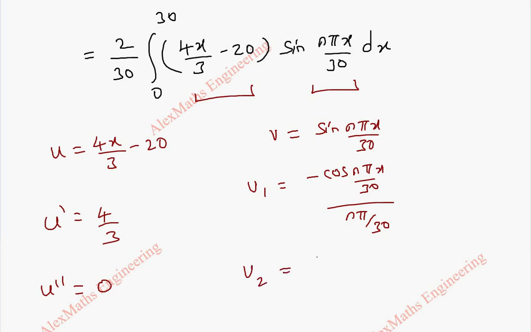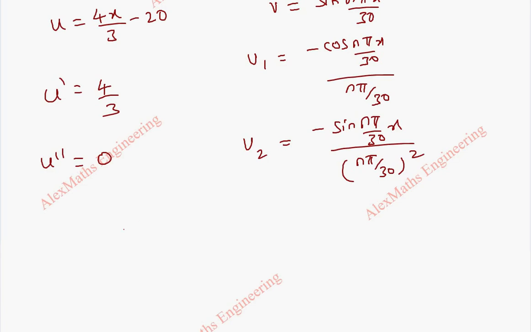And v2, its further integration, is minus sin(nπx/30) by (nπ/30) whole square. Now this is u v1 minus u' v2 plus u'' v3 and so on.